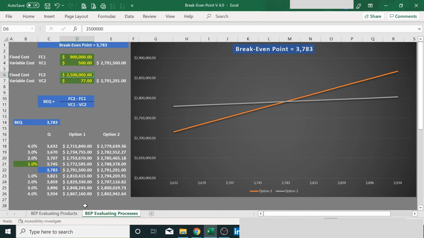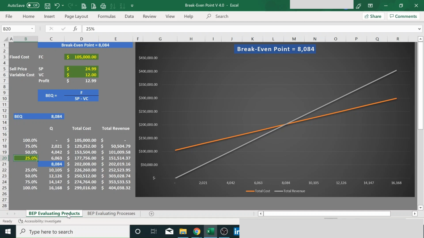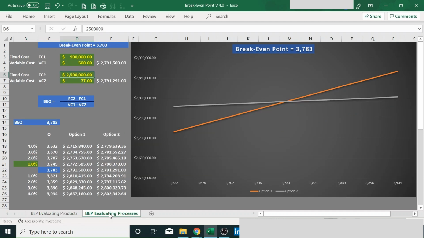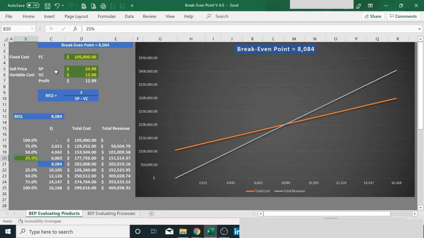So those are our two calculators, or our one calculator for two different scenarios, either if we want to evaluate a product or evaluate processes, and they can be used in tandem. Let's say we go with this process for a particular product, and from that we can feed into our calculator over here all the values, or vice versa.